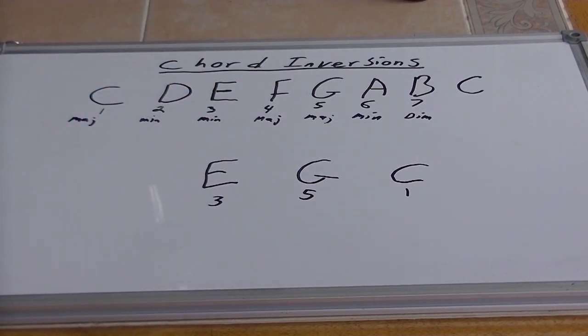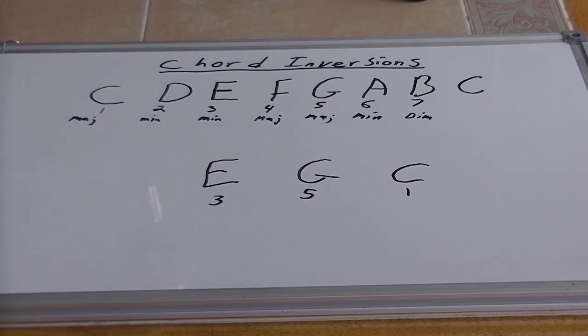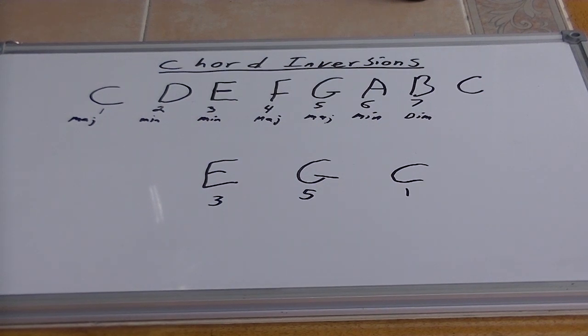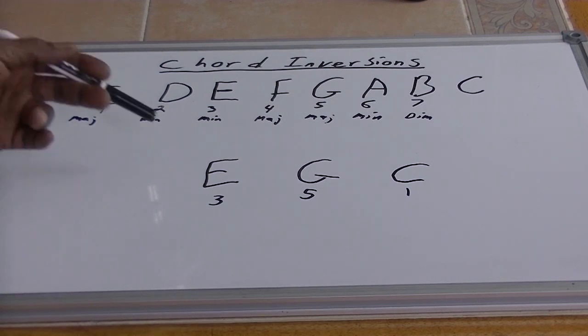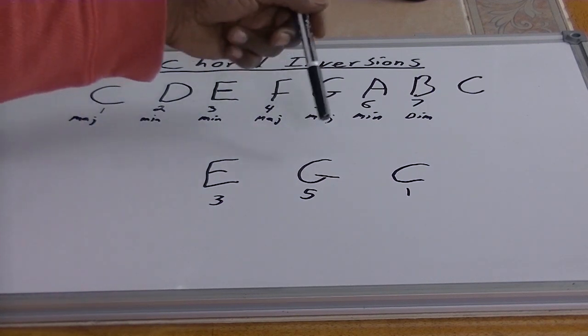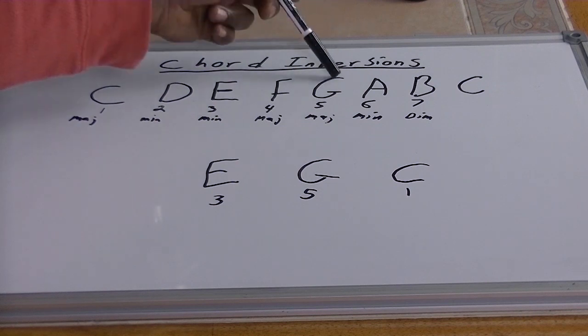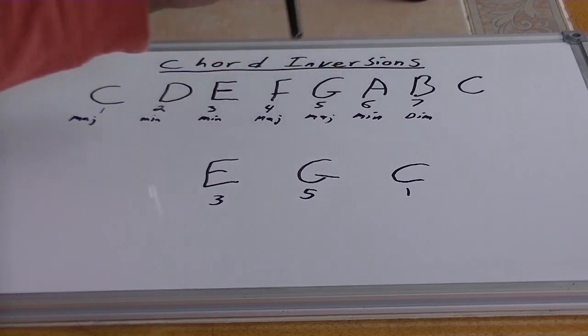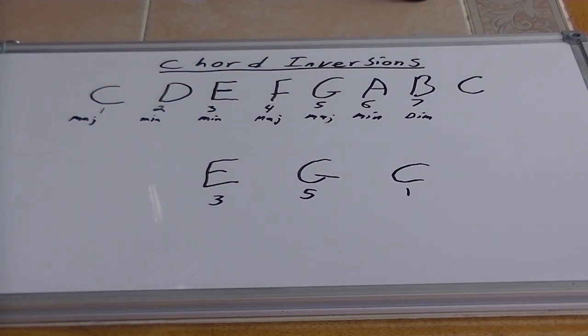And when we switch the notes around like this, we create what's known as an inversion. So what we have is an inversion of a C major chord. We're not using our root note as the lowest note of the chord. We started with the E note as our lowest note, and then we just proceeded upwards until we found the G, and then this octave C to get our notes to the chord.